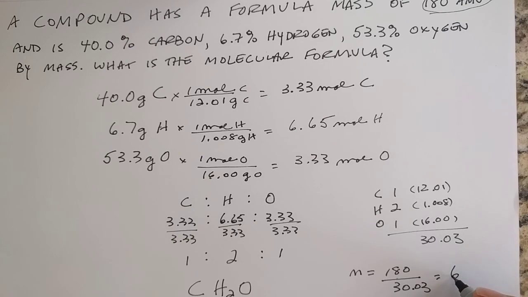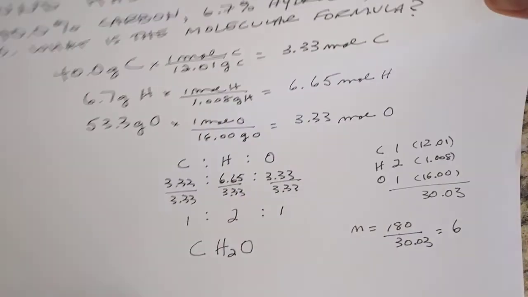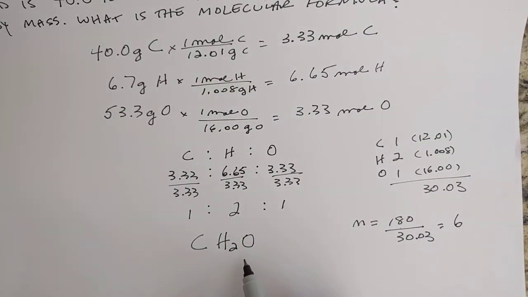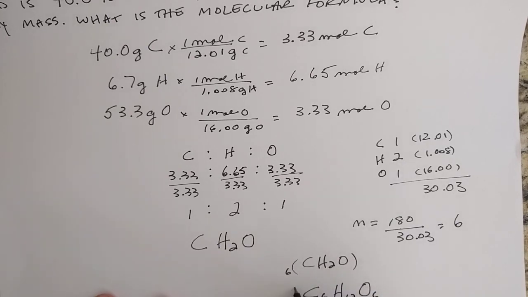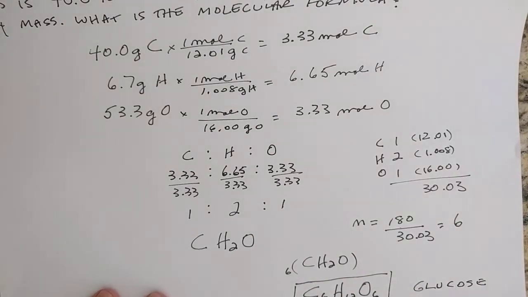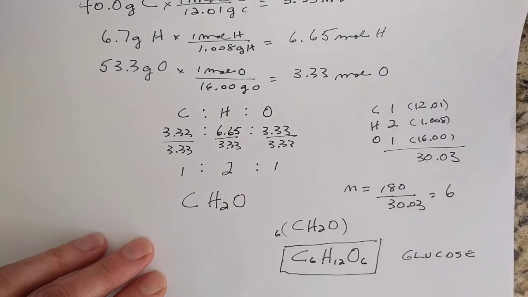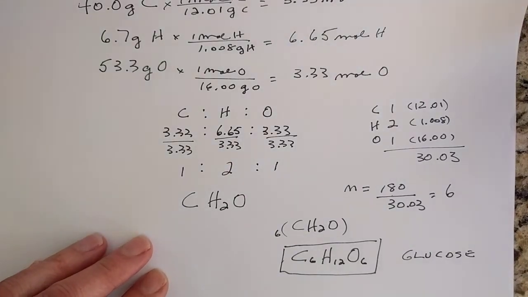That is a 6. So now we go to our empirical formula, CH2O, and we multiply all of our subscripts by 6. So we get C6H12O6. And that is glucose. There you go. Okay, that's it. So just follow the poem and you'll be good.